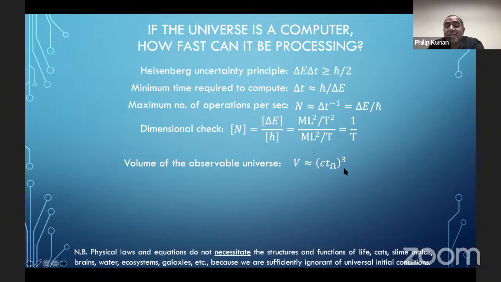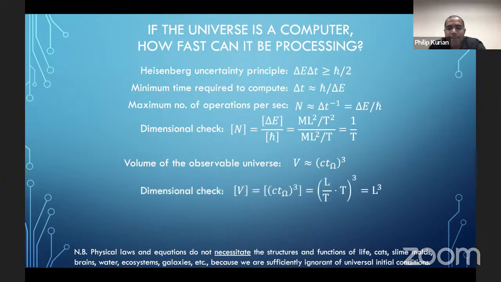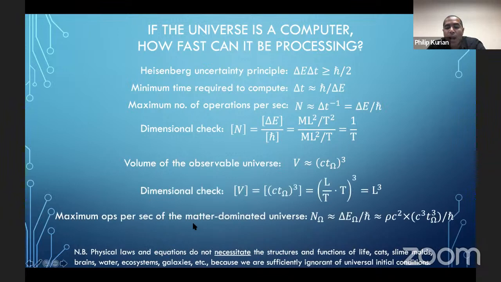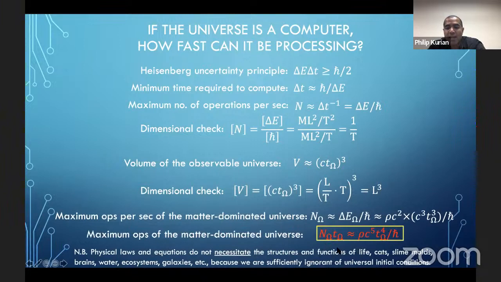We can take estimates for the volume of the observable universe using the universal speed limit set by the speed of light, and then derive the maximum ops per second of the matter-dominated universe. Here's a nice formula for the matter-dominated universe.